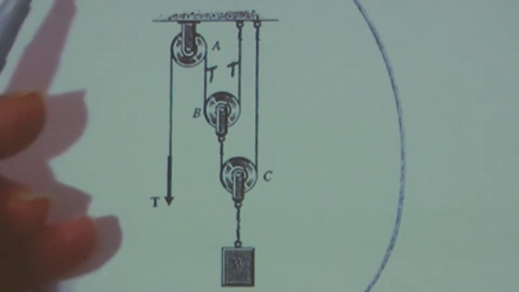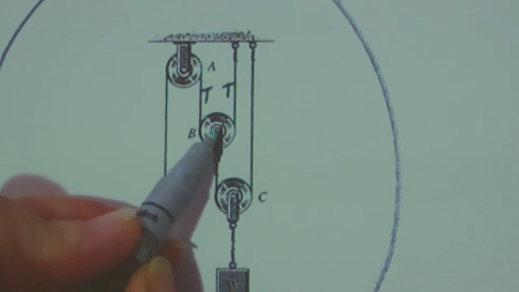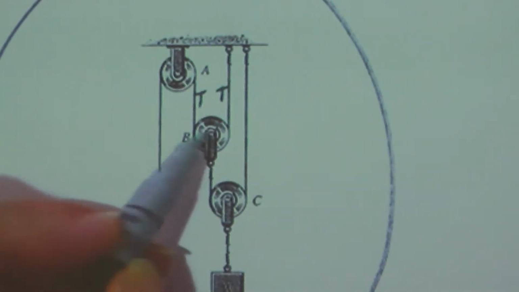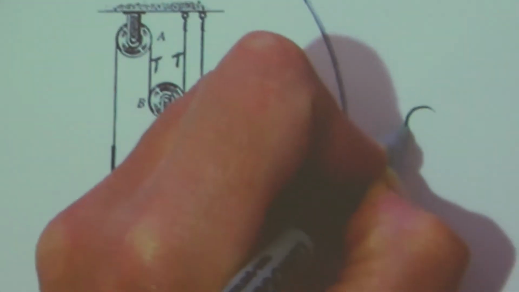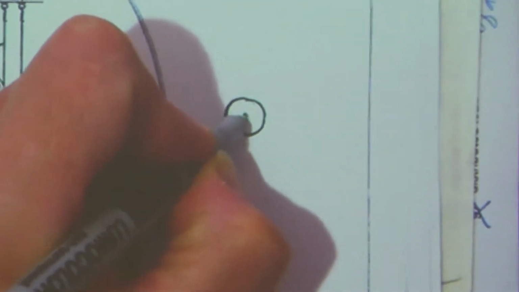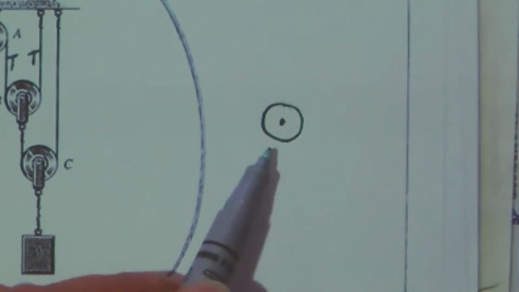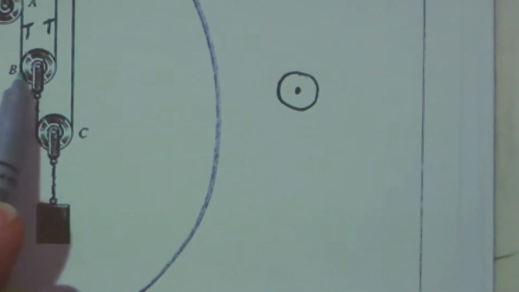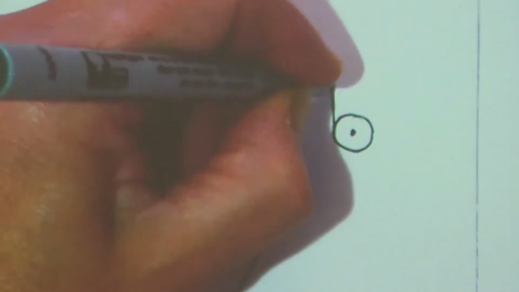Now, taking a look at pulley B, how about everybody draw a free body diagram of pulley B on the side? We'll draw the pulley. What should I draw on the top of the pulley? I have 2 tensions going up, right?